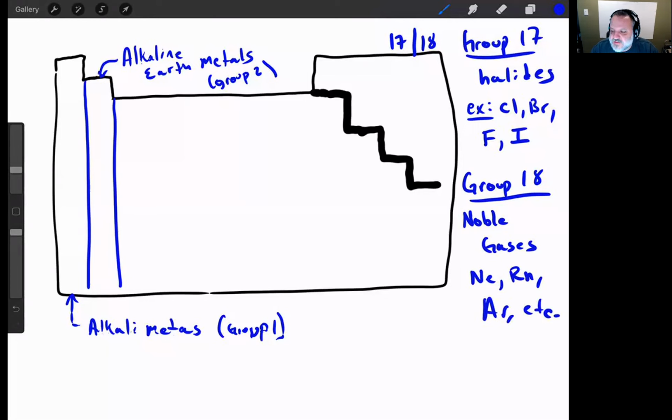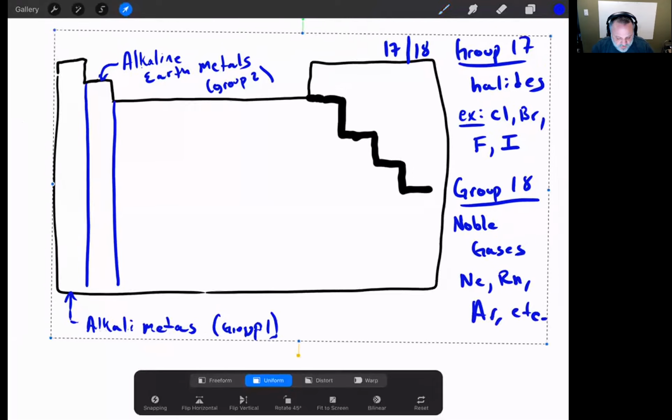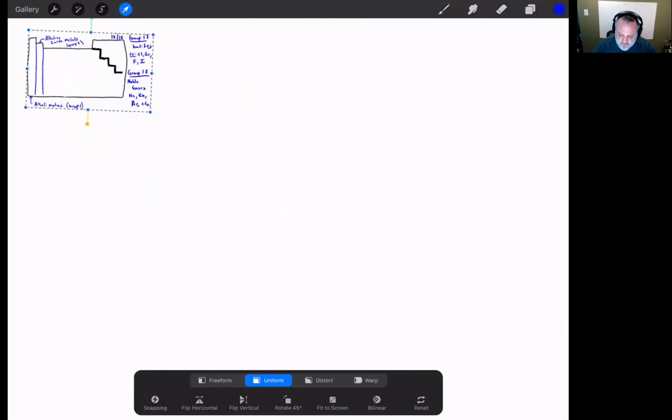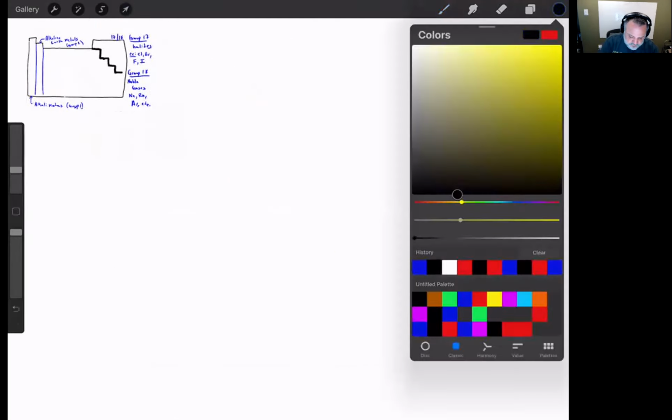Now, there's one last little bit, and this is sort of a different generalization. And so I want to actually get rid of this version of it. I want to create a new one.